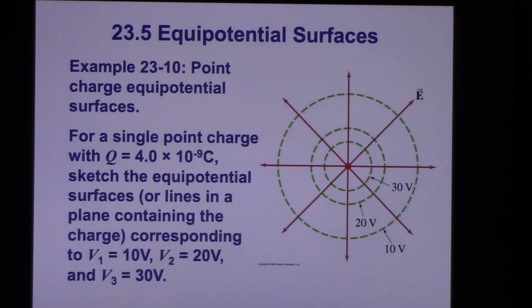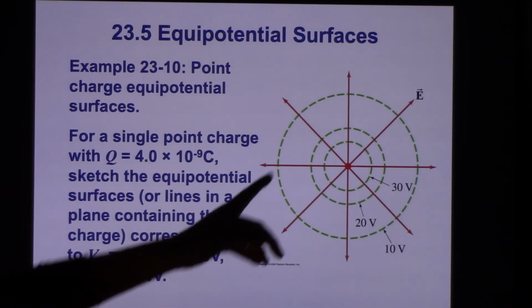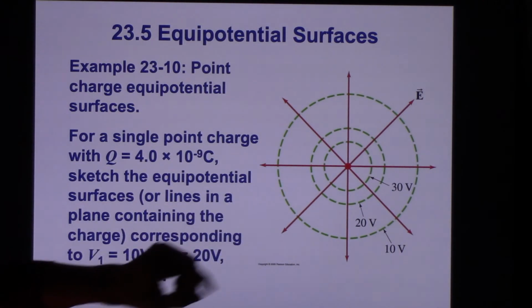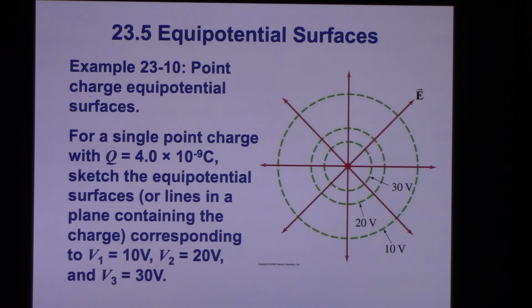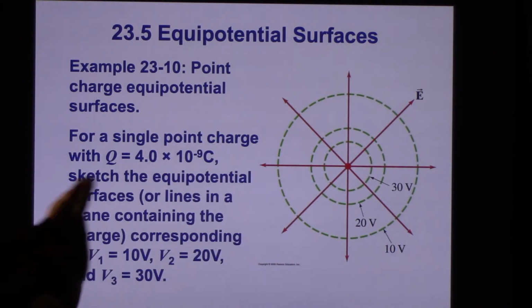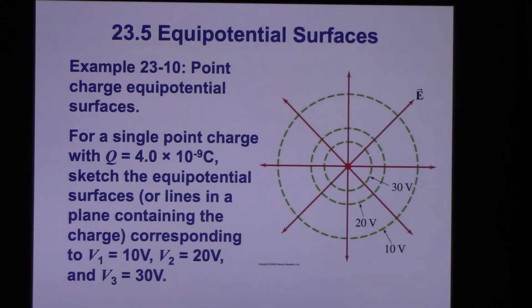So here is a point charge, and what they've done is they've drawn equipotential surfaces. Now if it's a point charge, the point charge will be surrounded by equipotential surfaces that are spherical. So here is a sphere that corresponds to the 30 volt equipotential surface.